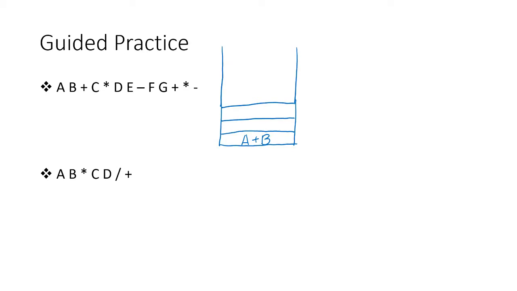Okay. Next, I'm going to go ahead and keep reading in the input, C. And then it is a times. Okay, I got an operator, so I'm going to pop that off. I'm going to pop off the C. And I'm going to pop off the A plus B. And then I'm going to push that back on.